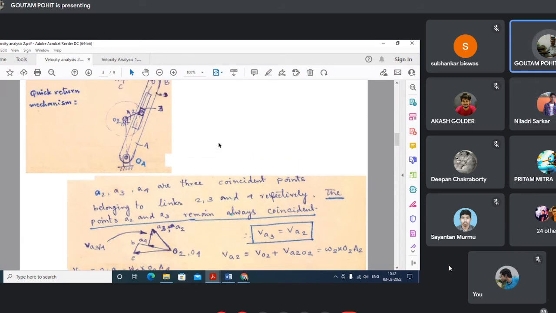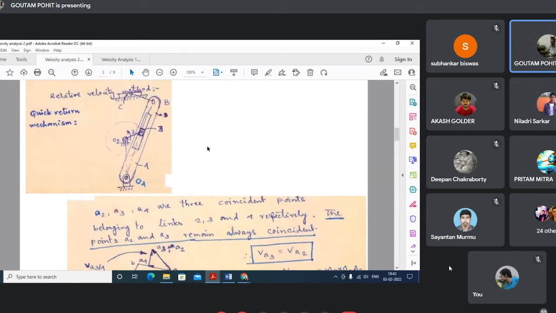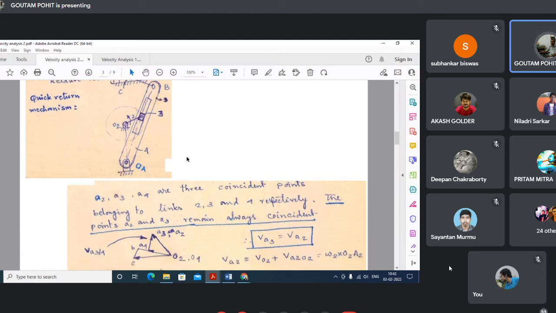Now our objective is to find out the point C. So in order to find out the point C, what do we do? We find out the point B. What will be the value of the point B? Its magnitude will be omega into this, and its direction will be perpendicular to this line. Omega we haven't calculated, but we can find out the velocity easily.